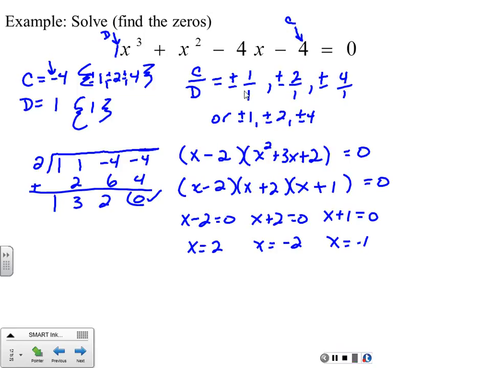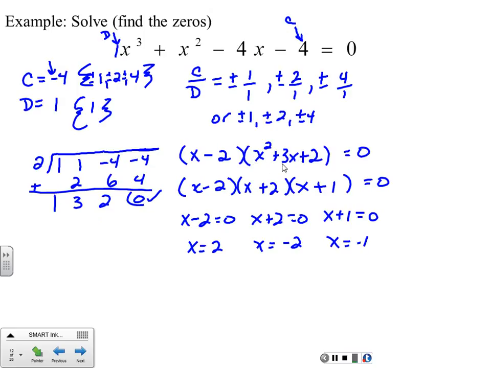And then what you do, and we did it by rows to save a little bit of time, you're going to test each one of these using your synthetic division, and you're going to try to come up with a 0. So we tried 1 and -1 and 2, and obviously 2 worked. Okay? And so this is going to be your quotient after you do that synthetic division. So 2 is a solution. We already know that. But remember, I showed you how to write it as factors.